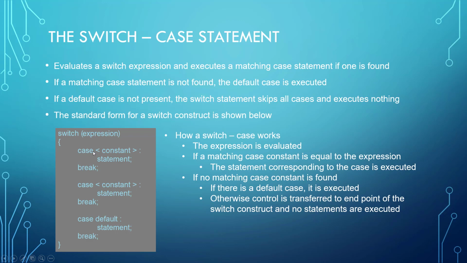We literally type in the word case and then a space, and then we type in what's called a constant label, a case label. We type in a value here that's a constant, and then a colon. Then we put one line or more of statements. This is the code to be executed, and then a break.